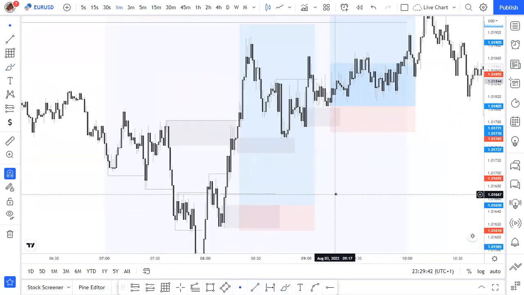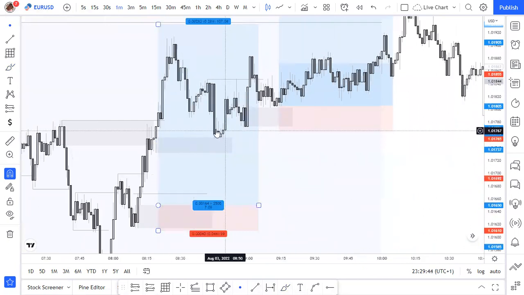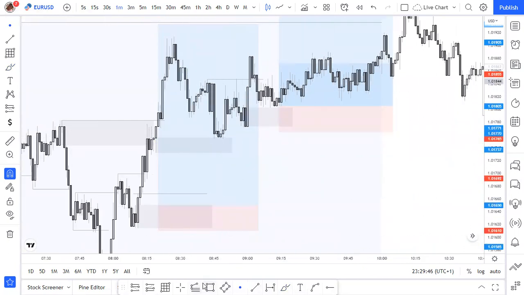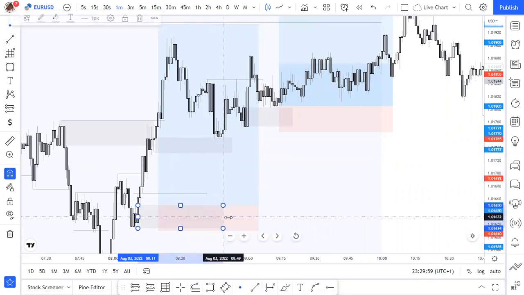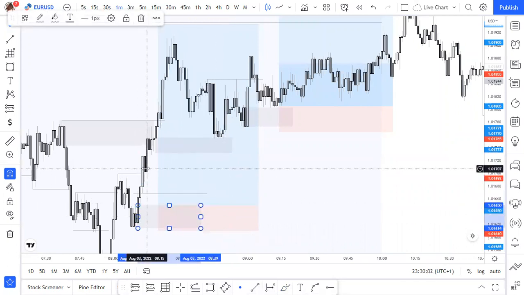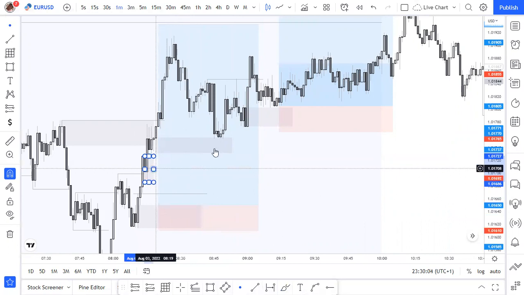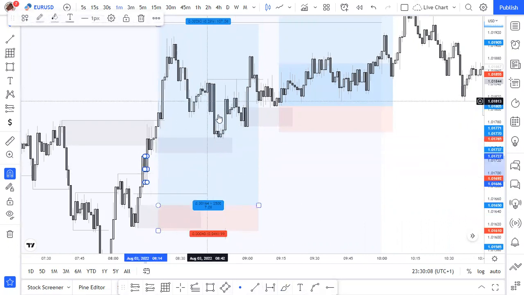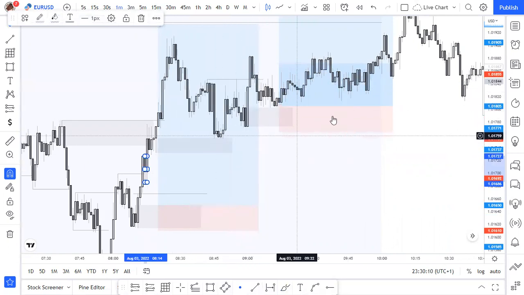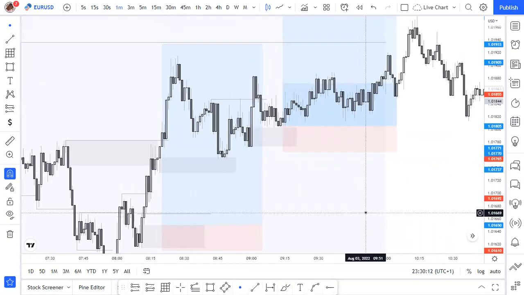When price pulled down here, I didn't take the trade on this particular zone because there's a possibility that price might pull back into this one, or still come back for this particular demand zone. So that was the reason why I didn't set a limit directly on this. I just wanted to see another confirmation that price still wants to continue before taking the trade.